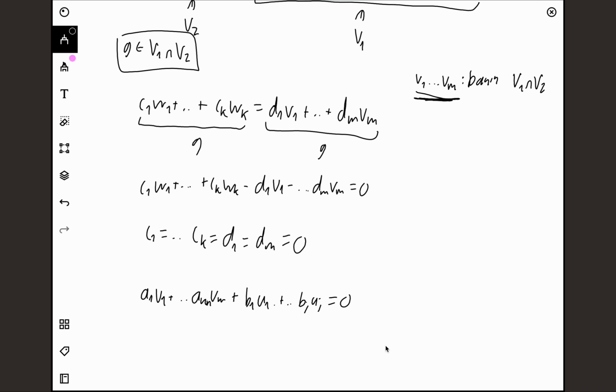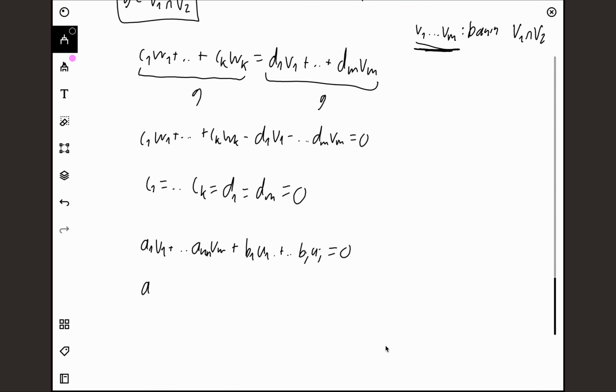So all the V and U vectors also have to be linearly independent, which means that all these coefficients, A1 to AM, B1 to BJ, all equal 0. So basically we showed that all of the A coefficients, all the B coefficients, and all the C coefficients equal 0.